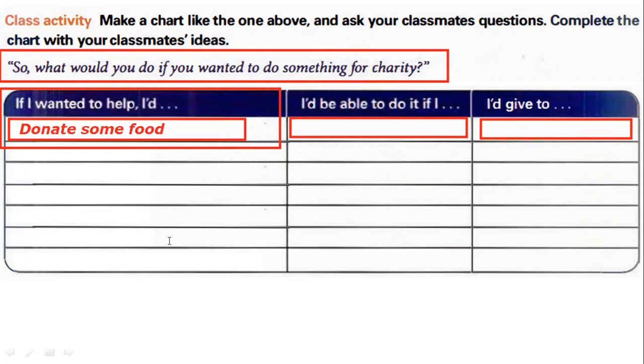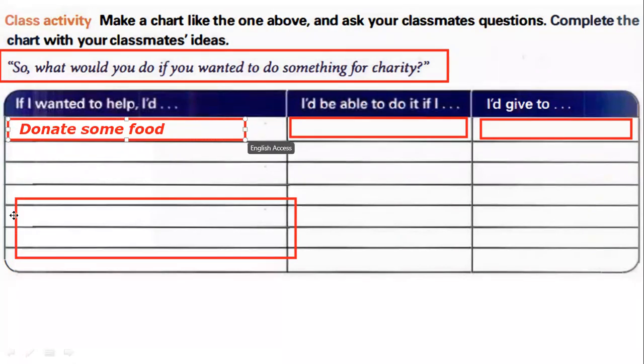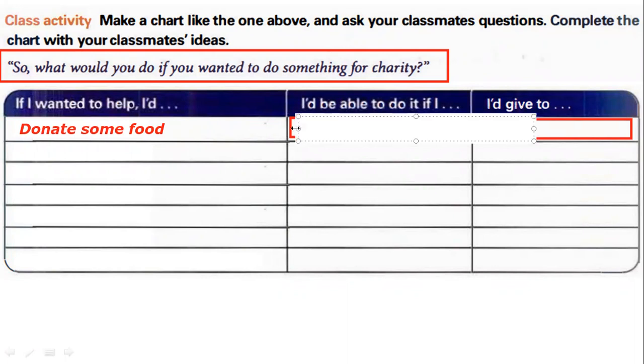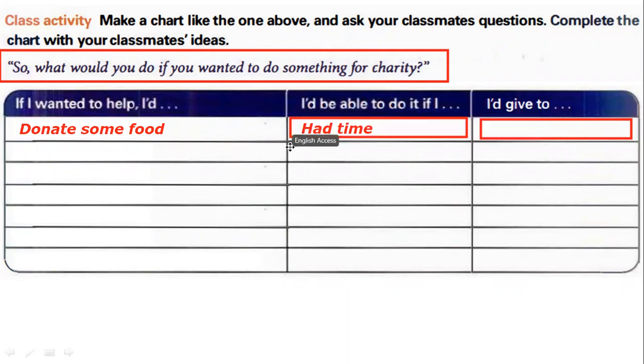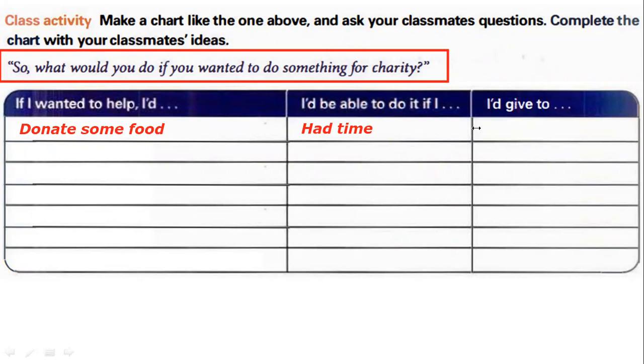I'd be able to do it if I had time. If I had what? If I had time. Like that? If I had time? Mm-hmm. And I'd give it to? Homeless people. Yeah, it's good.